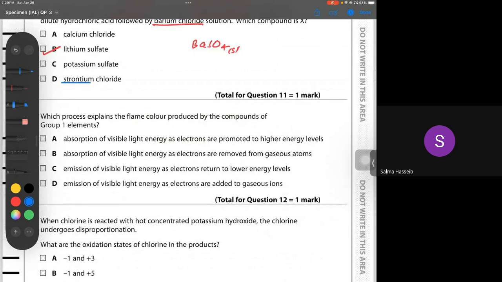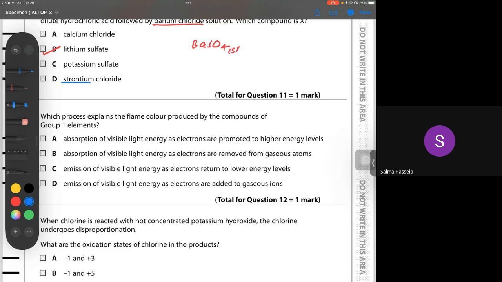Question number 12. Which process explains the flame color produced by the compounds of group 1 elements? Option A, absorption of visible light energy as electrons are promoted to a higher energy level. Whenever we see the color, electrons are releasing energy.